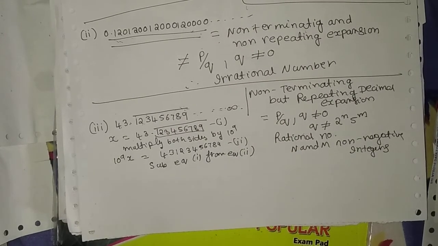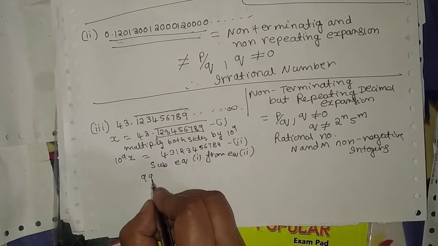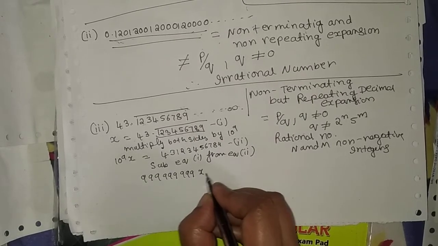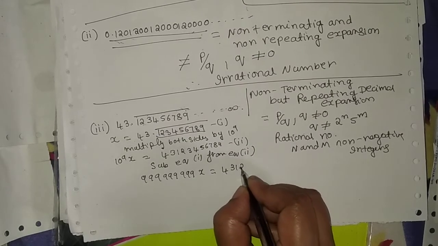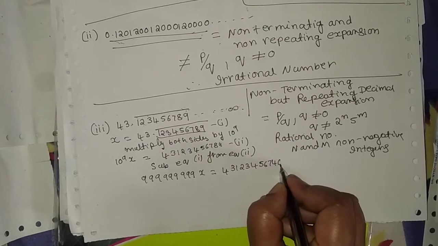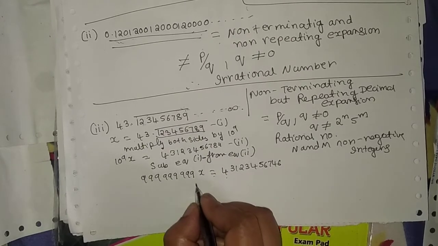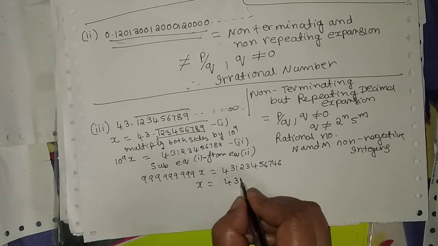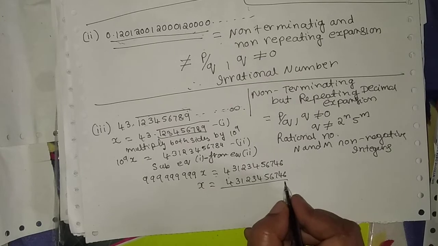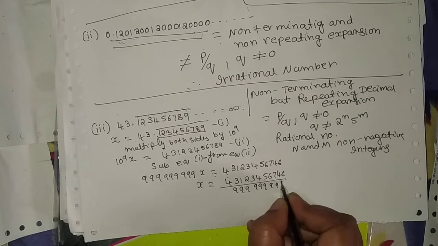Then we get on this side 999, that is 9 nines, times x, equal to 4 3 1 2 3 4 5 6 7 4 6. After subtracting equation 1, we get this. Finally x is equal to 4 3 1 2 3 4 5 6 7 4 6 by 9 nines.